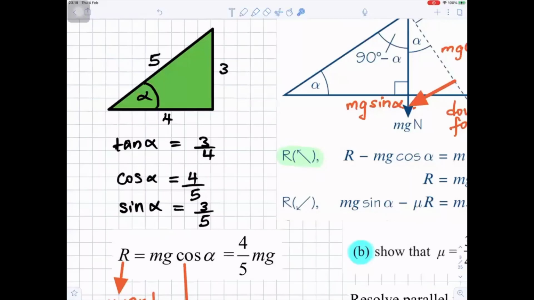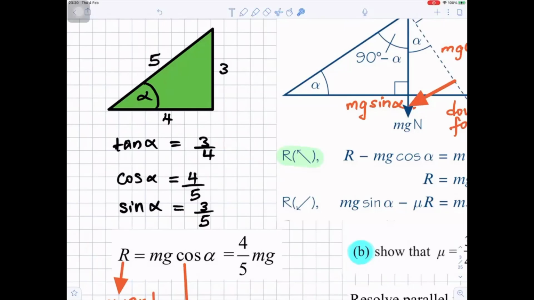So we're given that tangent of alpha is equal to 3/4. Tangent is opposite over adjacent, so 3 is opposite and 4 is adjacent.